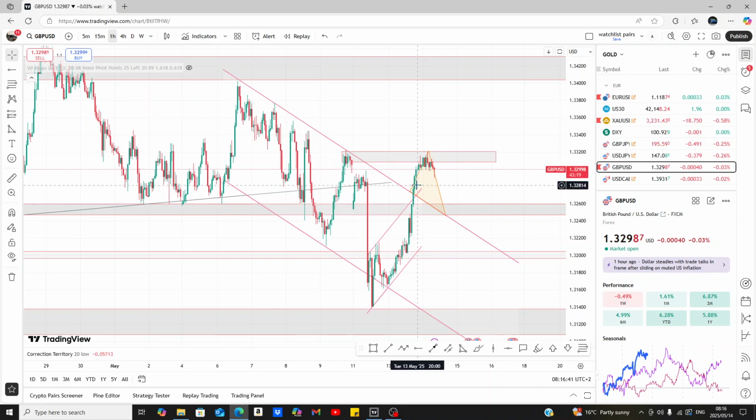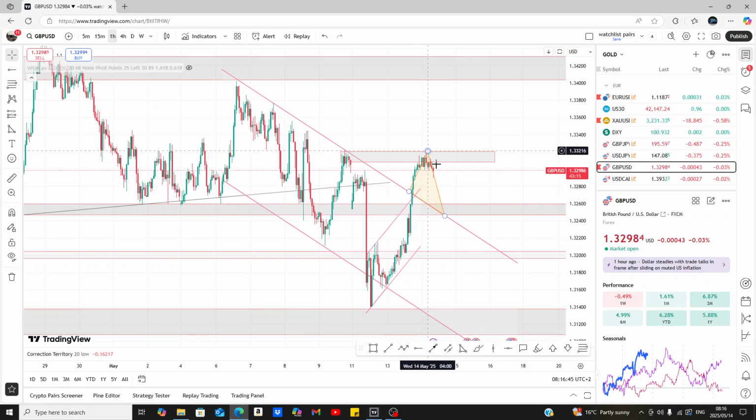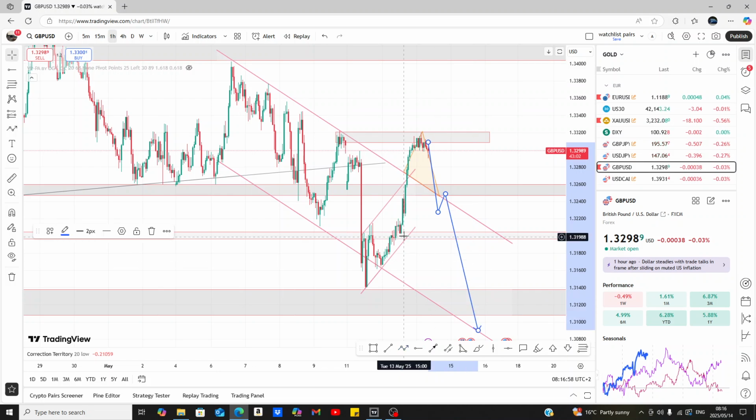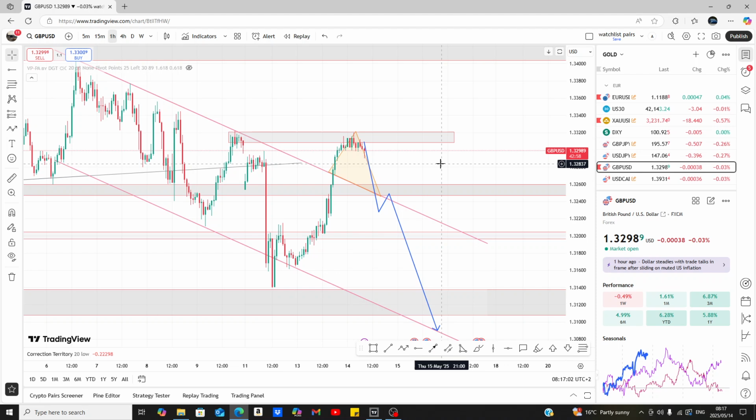So trapping buyers who have entered long, and then they push the market back down into the channel. And once this happens, most of the time it just resumes the previous original trend. So definitely could be seeing shorts on GBP USD, Euro USD potential shorts as well, US30 potential longs.